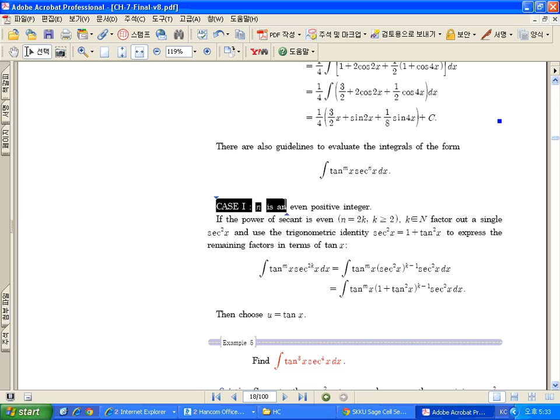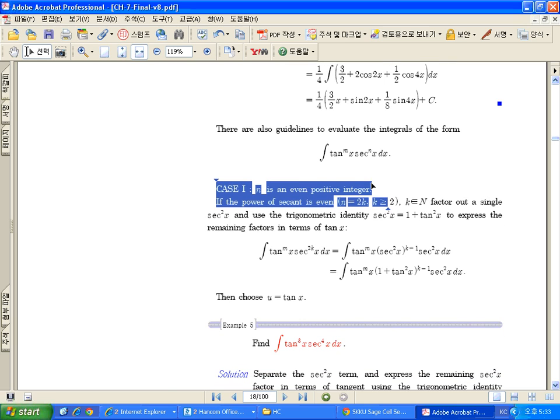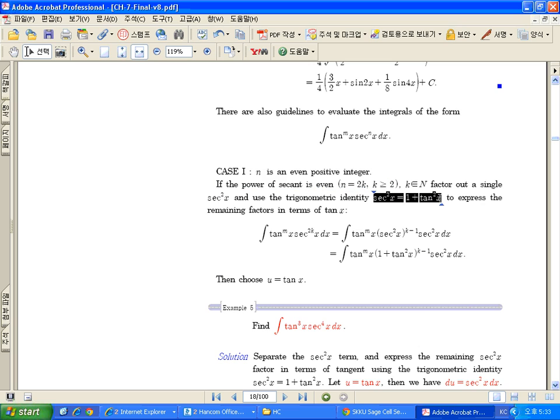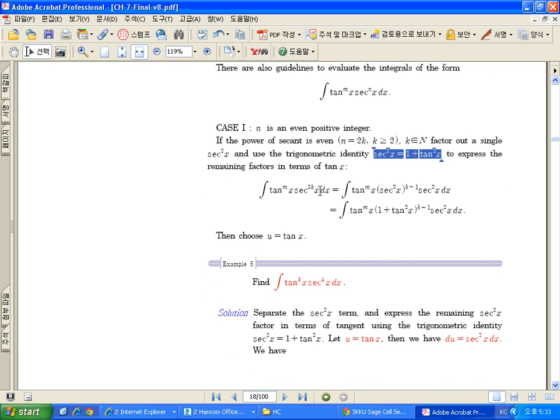And now the integral of tangent x to the m's power times secant x to the n's power dx. Then there are cases. Case 1: n is an even positive integer, then you use this substitution, and let u be tangent x.